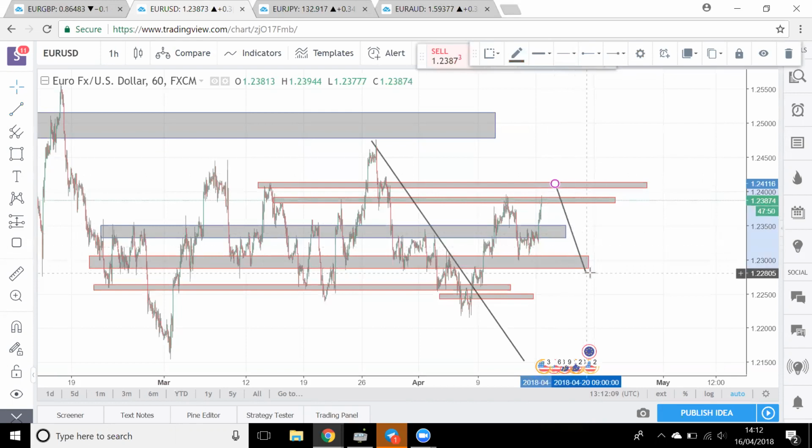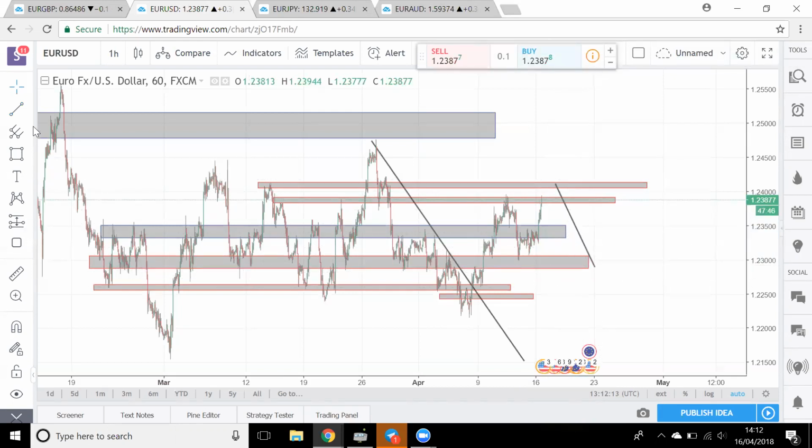I'm looking at TP here. So I'm looking for 120 pips, and for stop loss I would want to have a 15.